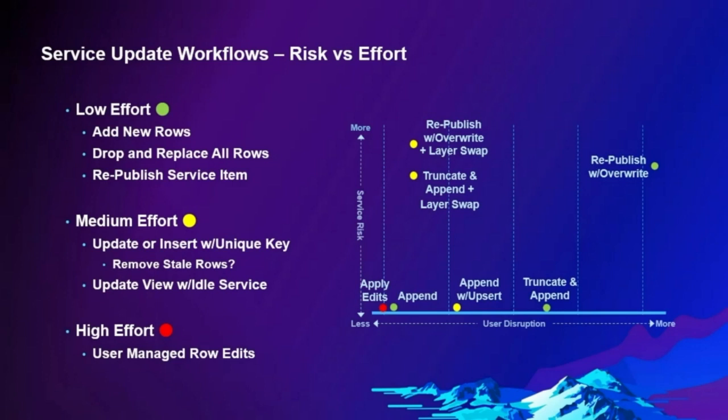So this would be the append with upsert. You can actually control updating existing features or adding new ones. Of course, if you need to remove older content or now stale records, you have to use a delete action on the service to remove that, because the append won't support deletion of rows yet.